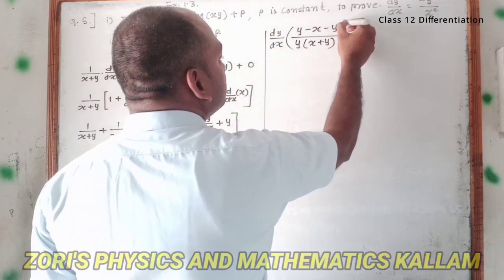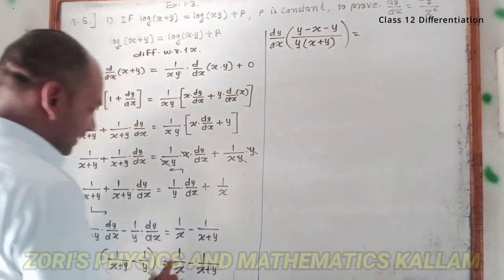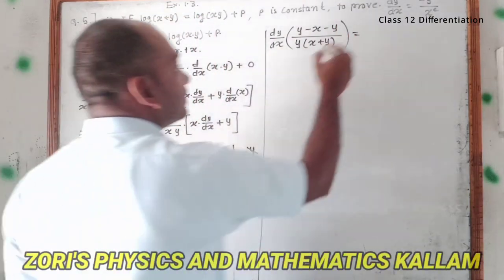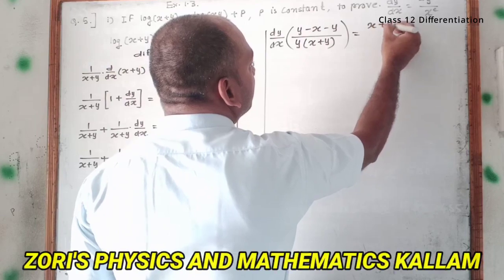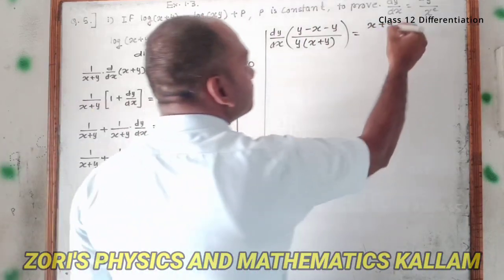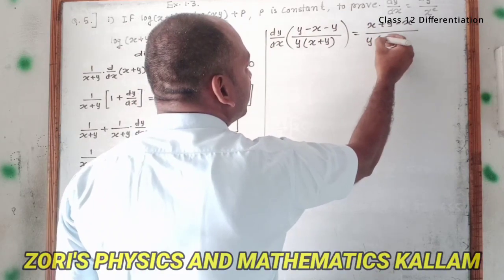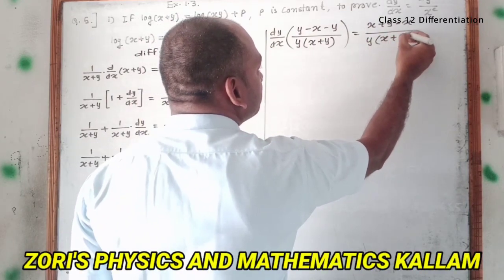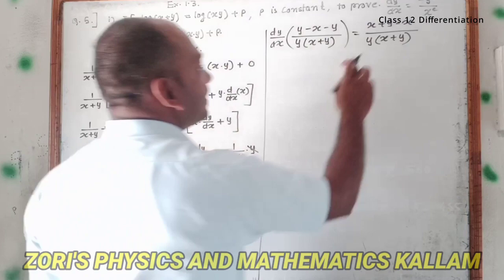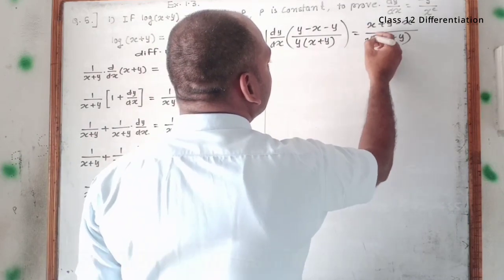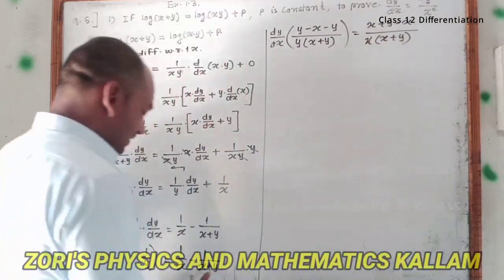That is equal to, here also x + y, and this minus x, total divided by x in bracket (x + y). This is the product.